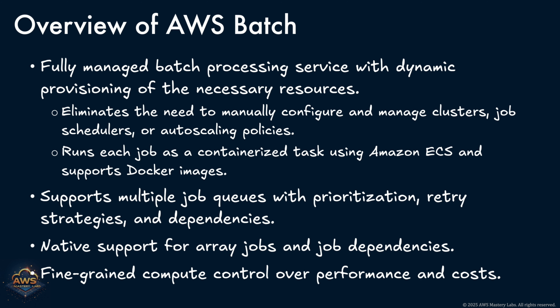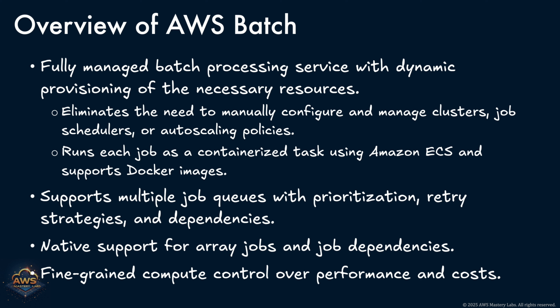It supports job queues, prioritization, and even job dependencies, so you can build complex workflows where one job starts only after another finishes. With array jobs, you can efficiently run thousands of similar jobs in parallel, like splitting a dataset for parallel processing or sweeping across hyperparameters. Batch also gives you fine-grained control over the compute environment.